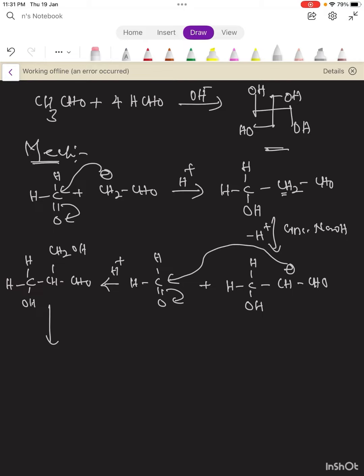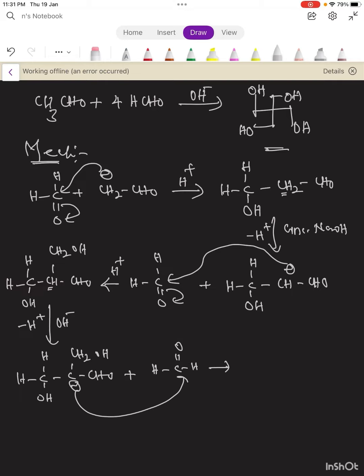From here, again, removal of hydrogen takes place from this carbon in the presence of a base, so that we get CH2OH, C, CH2OH, CHO, here negative charge. This again reacts with formaldehyde like this.